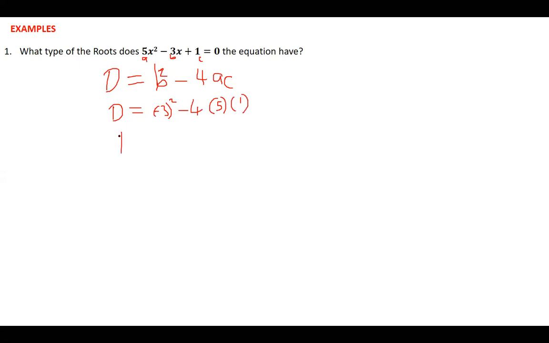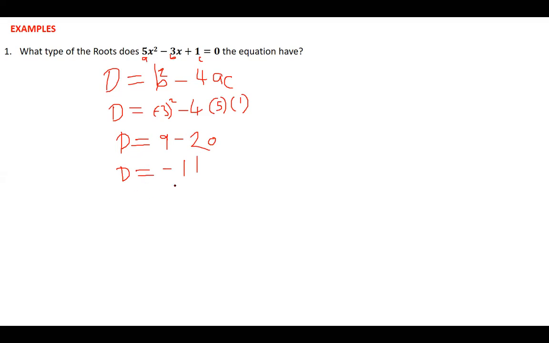So the discriminant there is equal to negative 3 squared, which gives 9, minus 4 times 5 times 1, which is 20. 9 minus 20 gives negative 11.